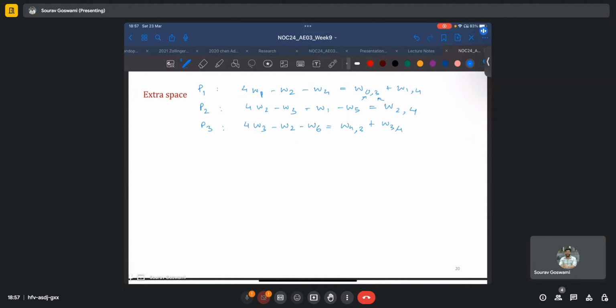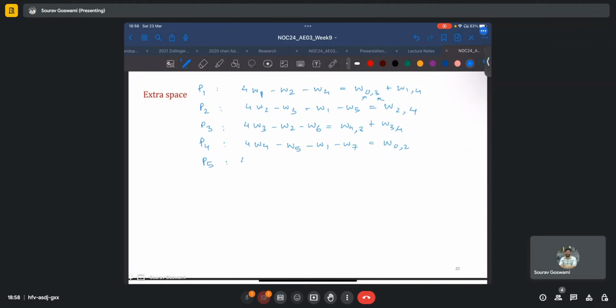We are doing this exercise extensively just to see how the solution will be framed. We'll just frame the matrix and leave it at that because now we are already familiar with methods to solve such linear systems. So it is worthwhile to write out all of the points. For P4, it will be 4w4 minus w5 minus w1 minus w7 equals w_0,2.